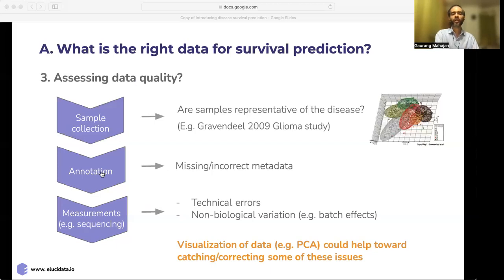Finally, coming to quality of the measurements, there are possible technical errors to be aware of, which can be detected through initial quality checks. But in addition, other unwanted non-biological sources of variation can also creep in, say due to the experimental design. These so-called batch effects are a known issue in the field, and methods exist to correct them.